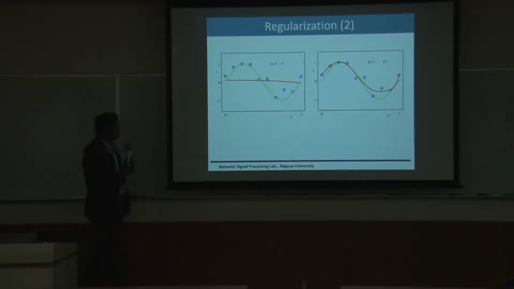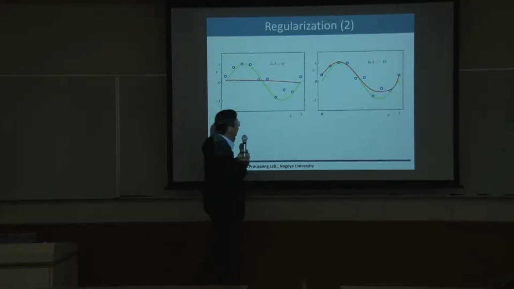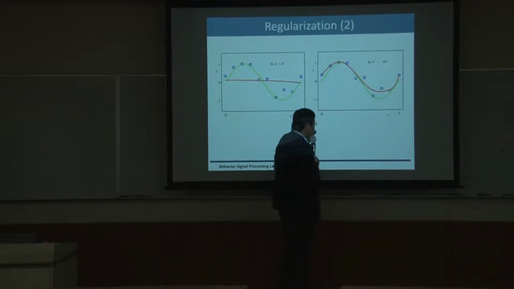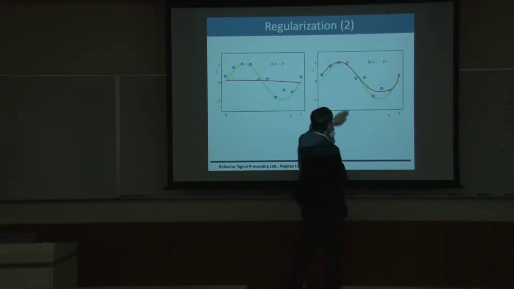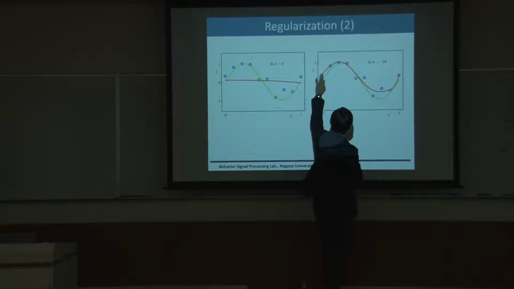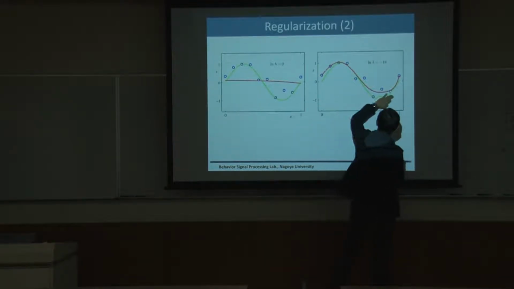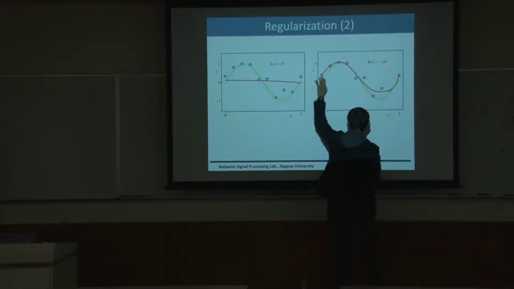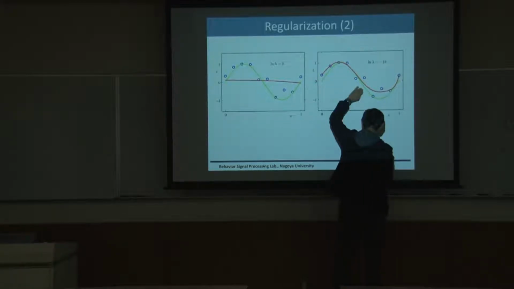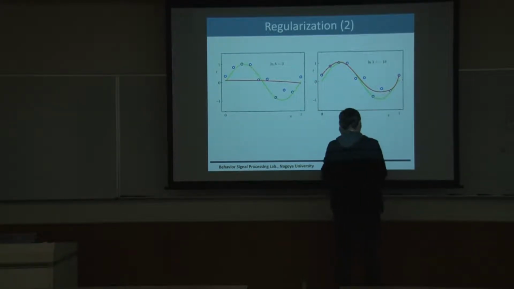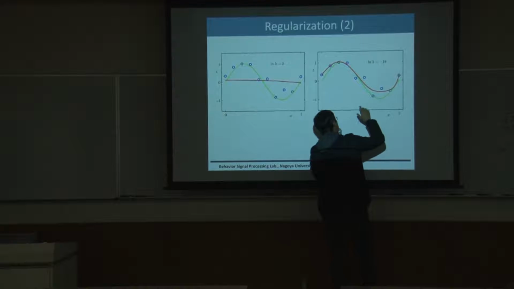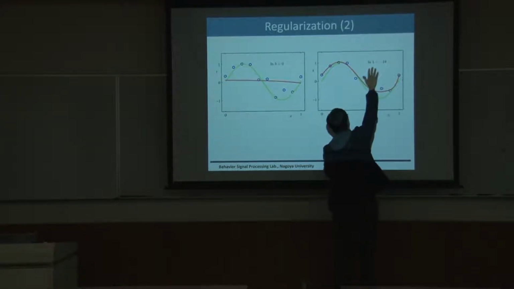Even though you have only 9 points, and even though the order of the polynomial is quite high, like 9, you still can get a very good estimate of the real data signal when you tune the value of lambda.